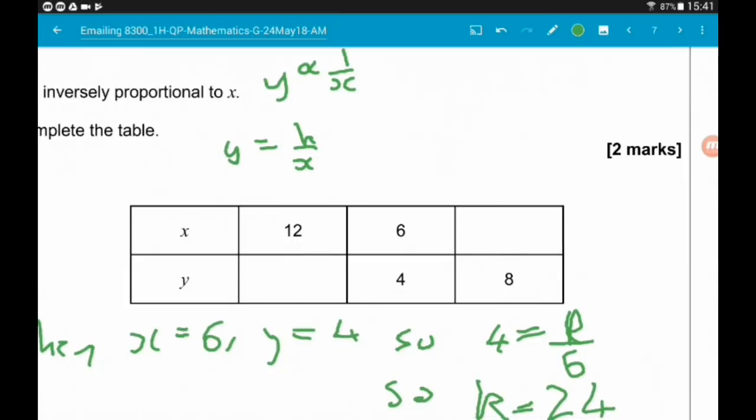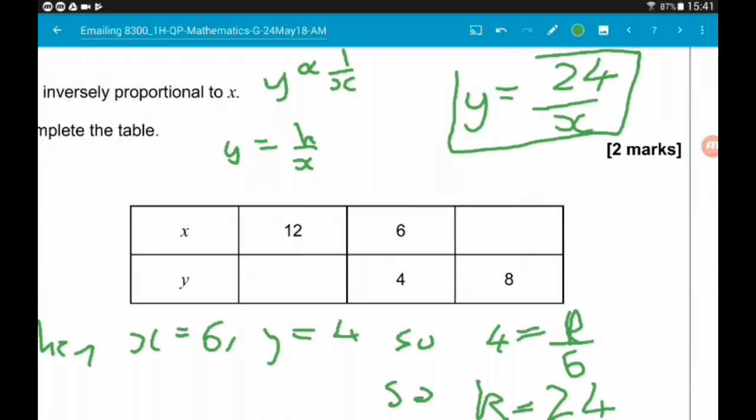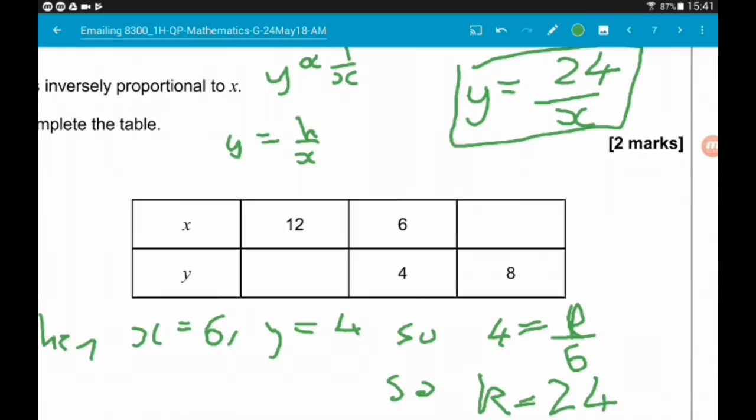So now we know the exact equation or formula that links y and x. We know that y is 24 divided by x. So now we're going to use this. So when x is 12, y is 24 divided by 12, which is 2.